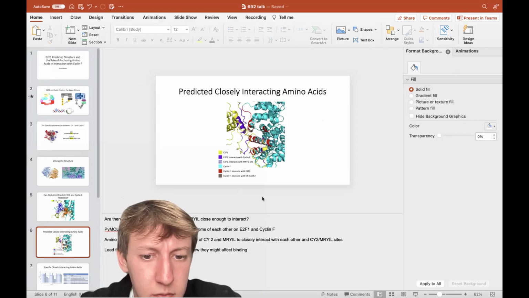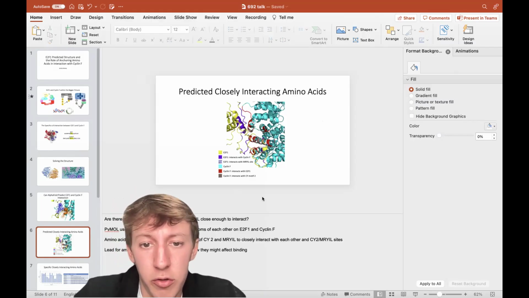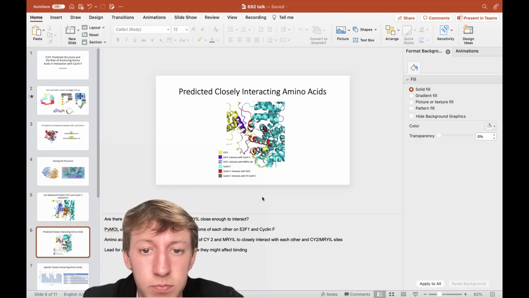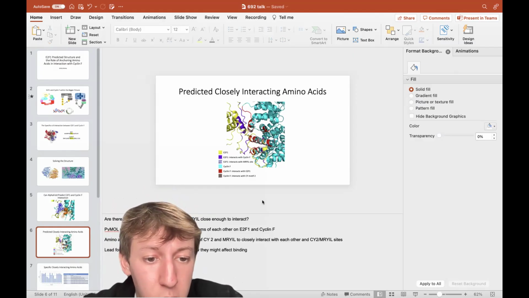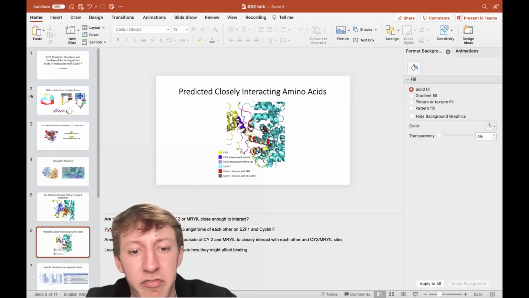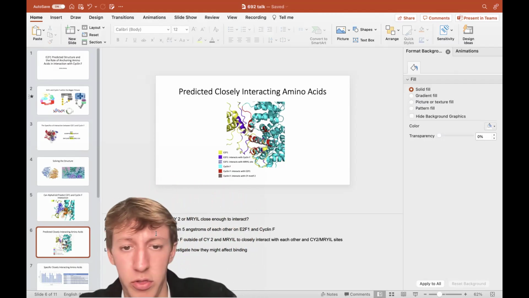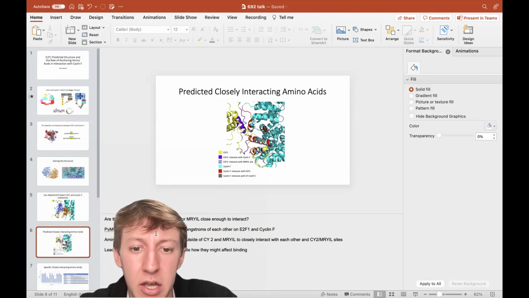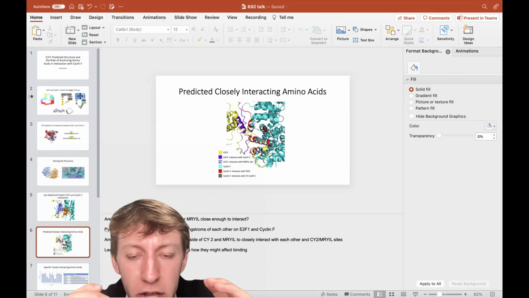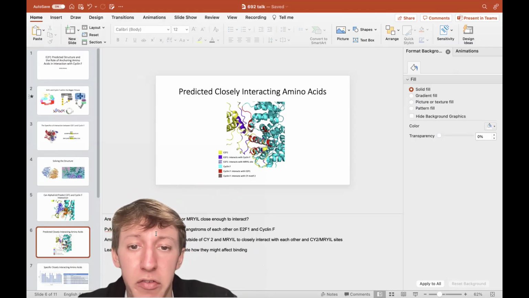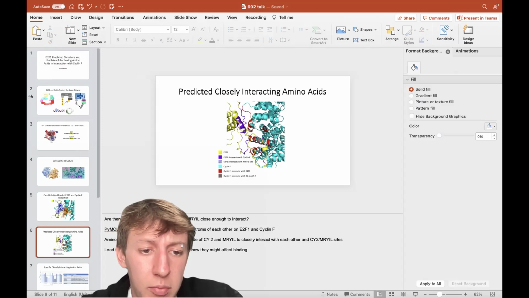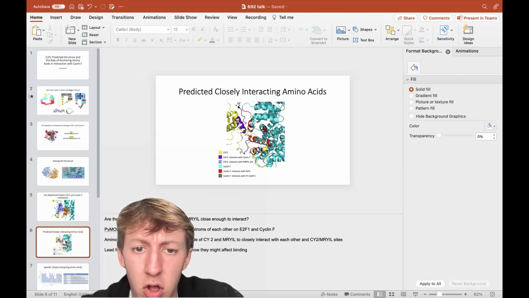From the original AlphaFold interaction between E2F1 and cyclin F, I used PyMOL to label different amino acids within 5 angstroms of each other. That's an amino acid on E2F1 and an amino acid on cyclin F: are they closely interacting within 5 angstroms of each other?